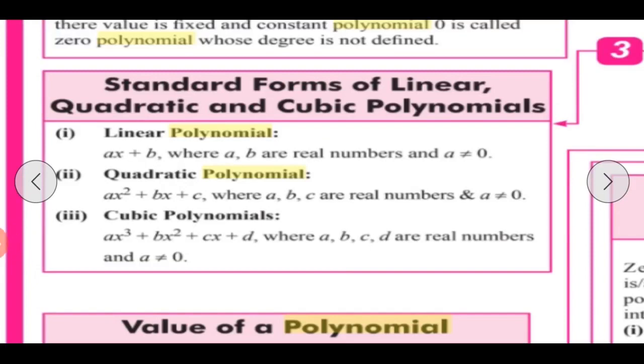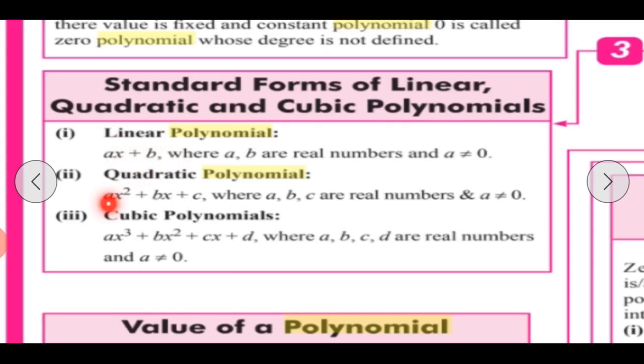Any polynomial which is written in the form ax plus b, where a and b are real numbers and the value of a is not equal to 0, is said to be a linear polynomial, and this form is known as the standard form of a linear polynomial.